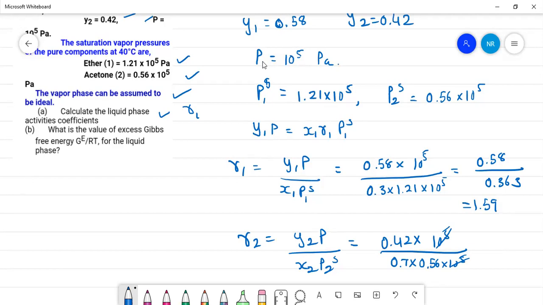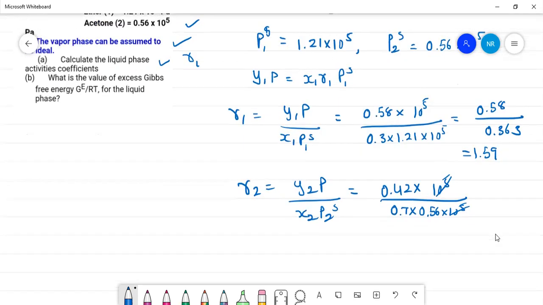So 0.392. So 0.42 divided by 0.392 is 1.07. So these are the two activity coefficients we are getting.